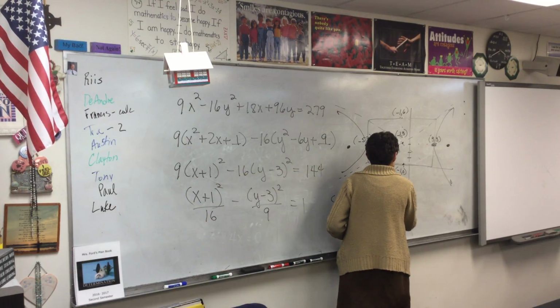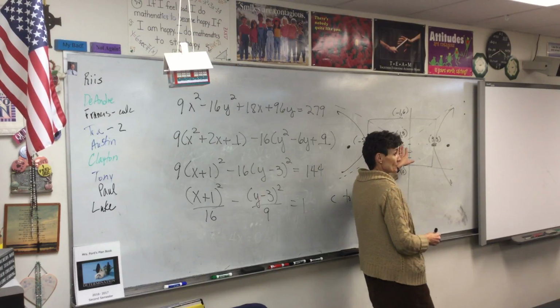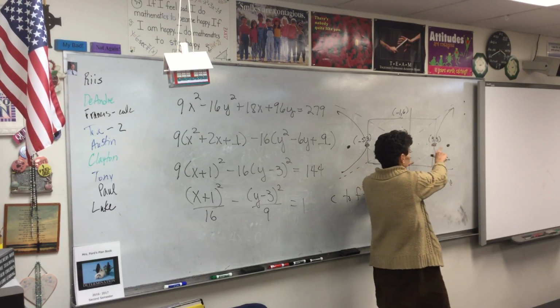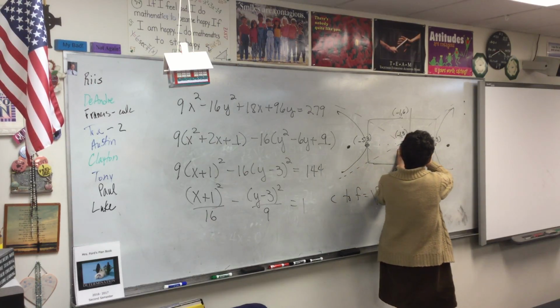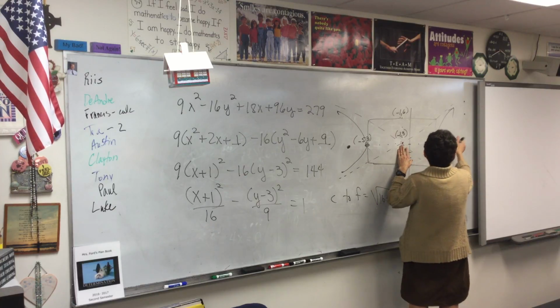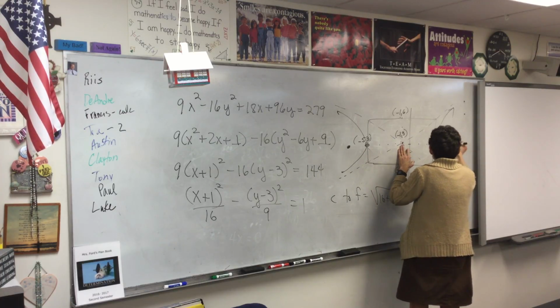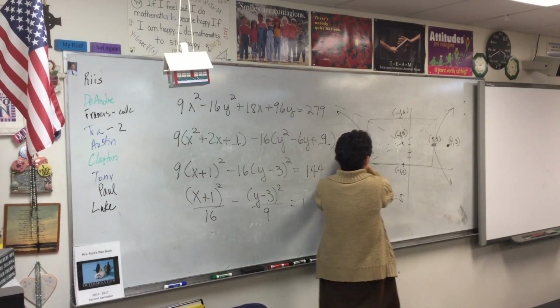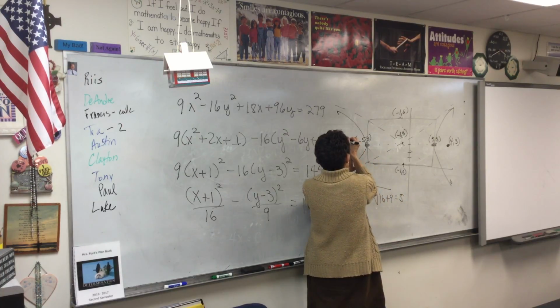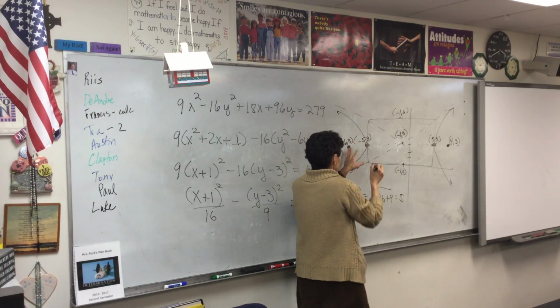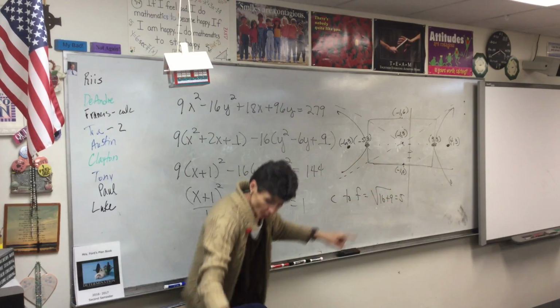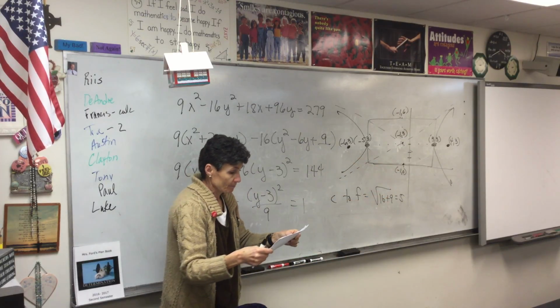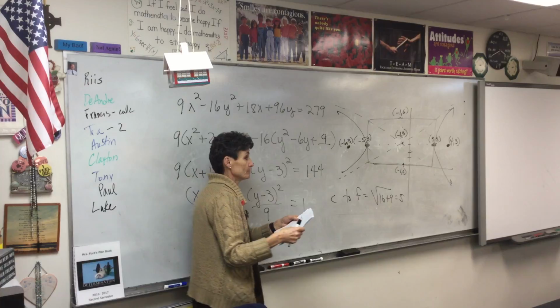So you're going to start right here at the center, and you're going to go forward 5. So where would you be? At 4, 3, and at negative 6, 3. So those two go in blank 5.